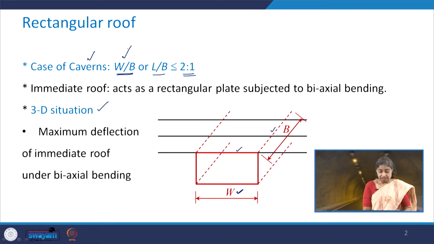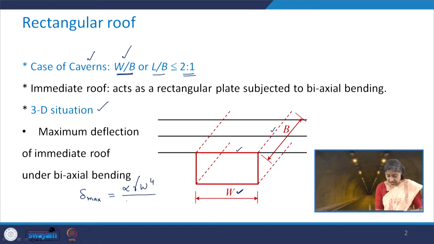In this case, the maximum deflection of the immediate roof under biaxial bending is given by delta max equal to alpha gamma W to the power 4 divided by E T square, where W is the shorter lateral dimension of the excavation.